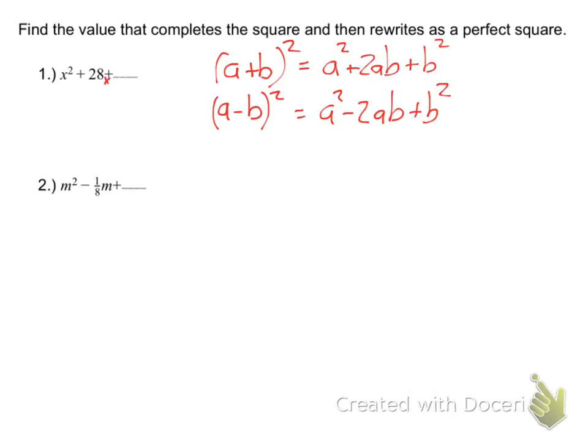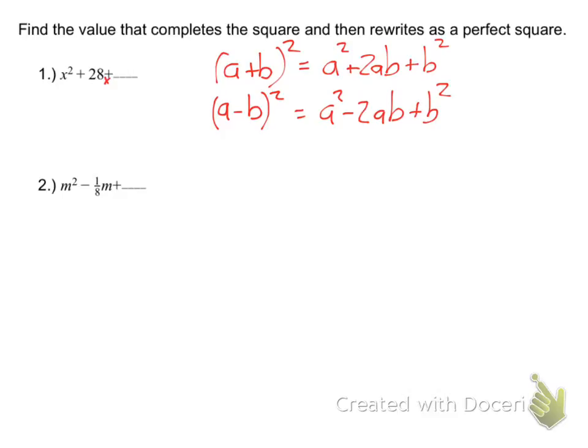Now I'm assuming most of us, if not all of us, have completed the square in Algebra 2. It's the next step in solving: you could factor, use the quadratic formula, complete the square, or graph it. Completing the square with ax squared plus bx plus c actually makes the quadratic formula.